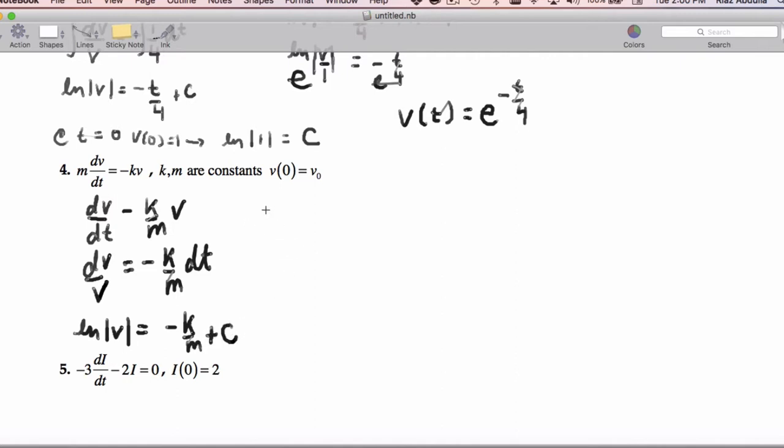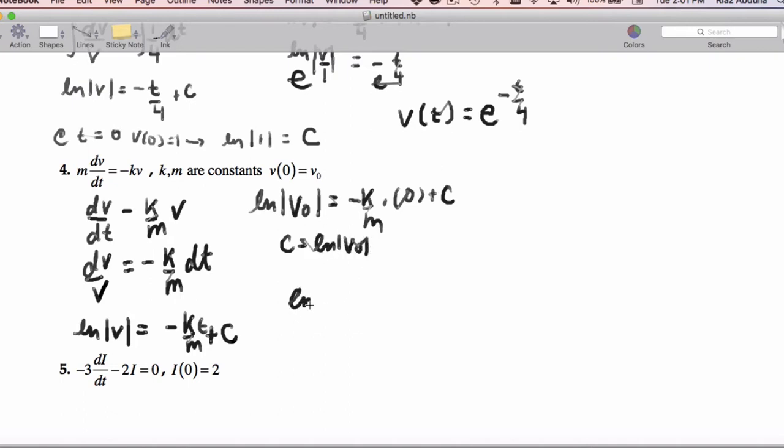Continuing, let's solve for c. So we're going to say the natural log of v naught equals negative k over m times 0 plus c. So that tells us that c is the natural log of v naught.